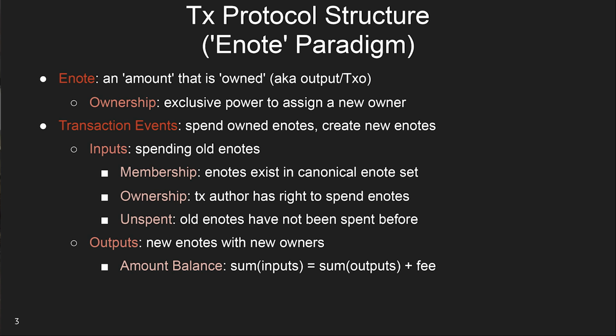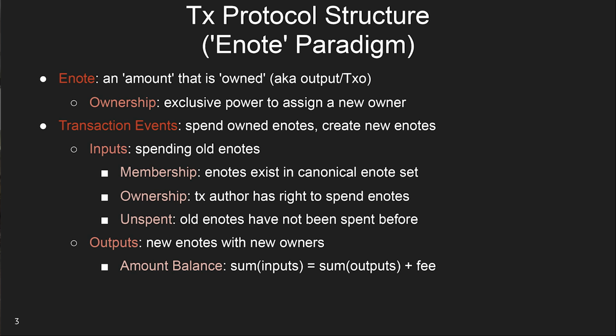So transaction events are simply the spending of owned E-notes by some person and the creating of new E-notes for new people to own the funds. So the inputs to a transaction are old E-notes that exist in the ledger that you want to move the funds out of. And so to spend an E-note, there are three things necessary.